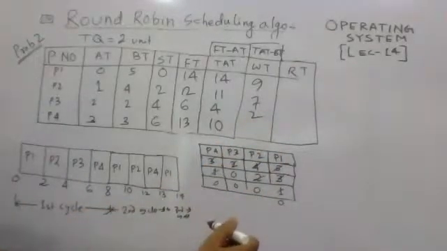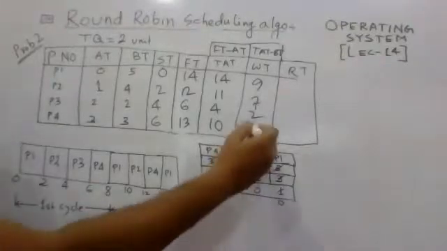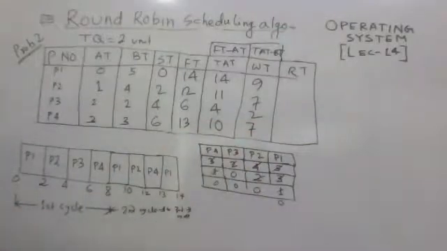For P4, 10 minus 3, that is 7. And obviously, we can calculate the average waiting time, that is 9 plus 7 plus 2 plus 7. So 9 plus 7, 16, 18, 25. 25 by 4.